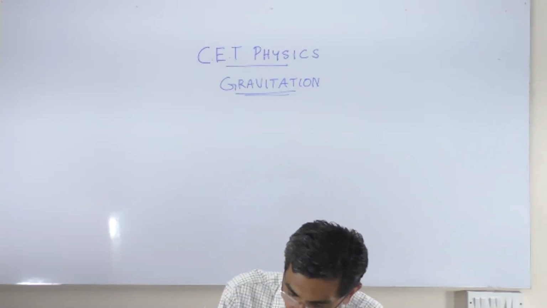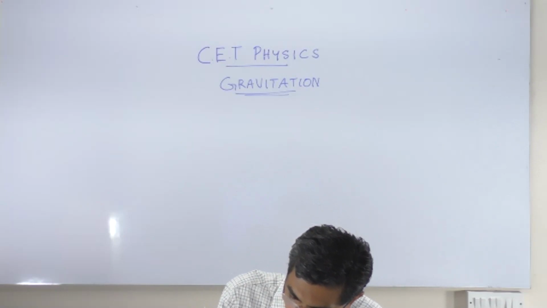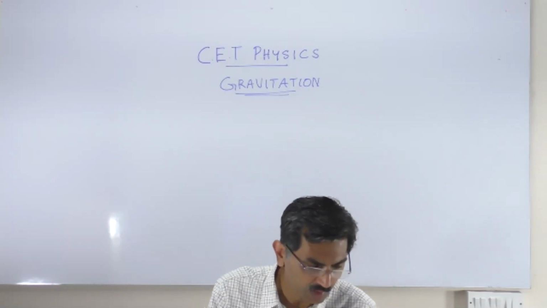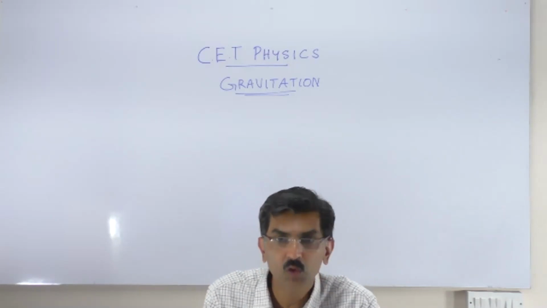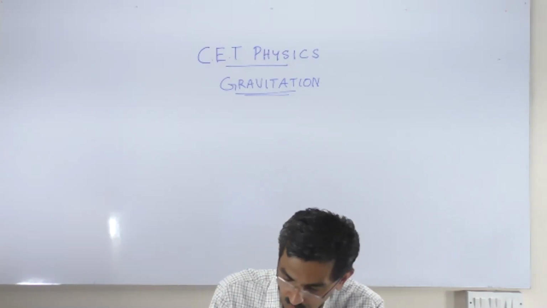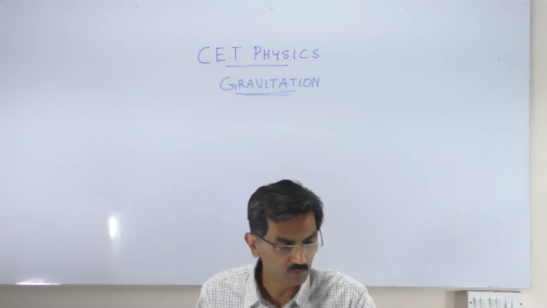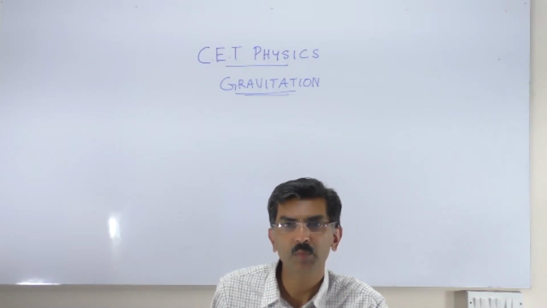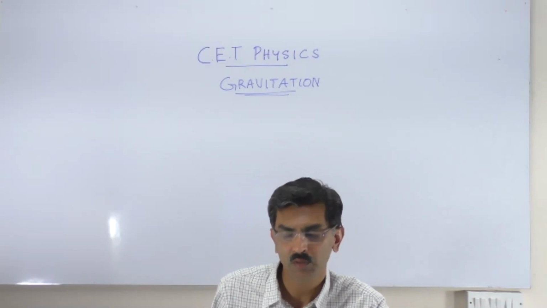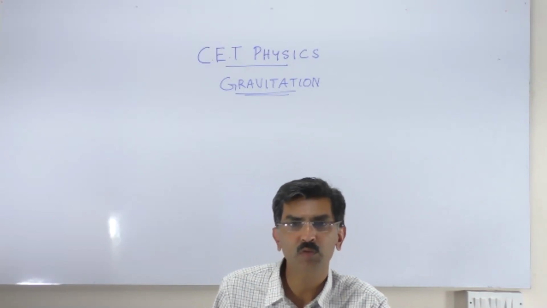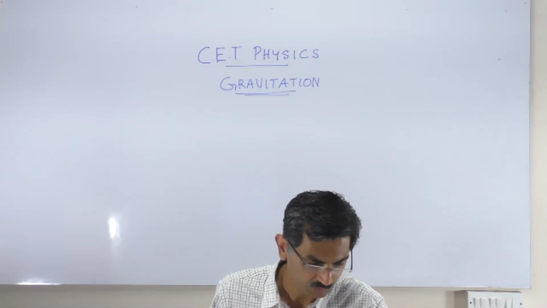Now the total energy of an orbiting object is given by a combination of its kinetic energy and potential energy, where G is the universal constant of gravitation, capital M is the mass of Earth, lowercase m is the mass of the satellite, and r is the distance of the satellite from the center of Earth.